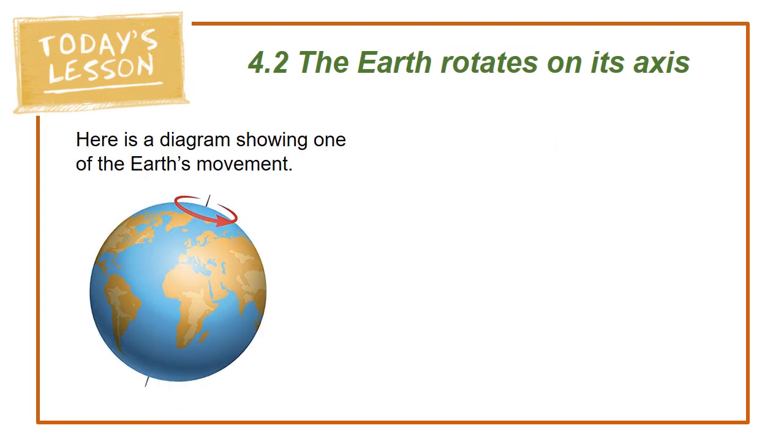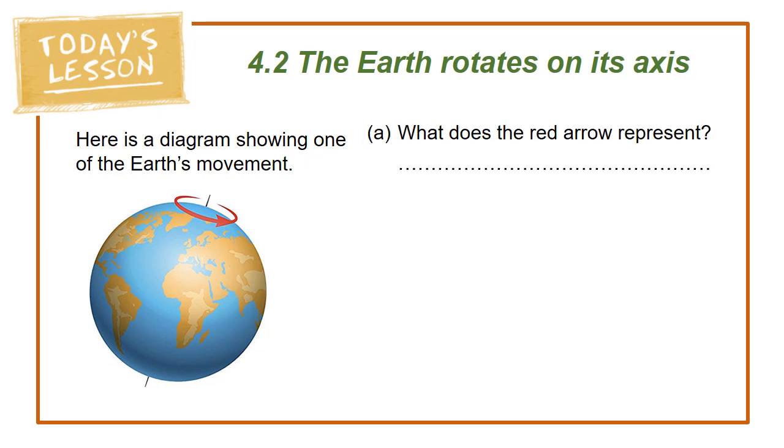Here is a diagram showing one of the Earth's movements. The question is, for question A, what does the red arrow represent? What do you think is the answer?